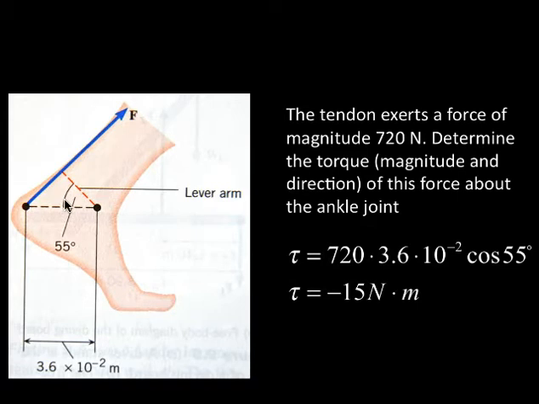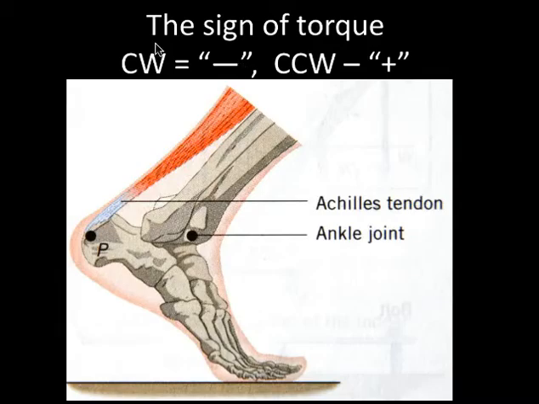Now if you look at the work over here, I took 720, that's my force applied by the tendon, and 3.6 times 10 to the negative 2, so it's 3.6 centimeters, multiplied by cosine of 55. But for some reason, in my answer, I'm saying that this is negative 15 newtons times meters. There is a reason for that. It was decided that clockwise torque is negative.